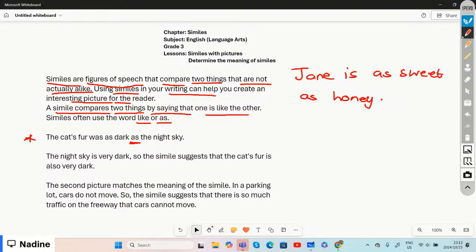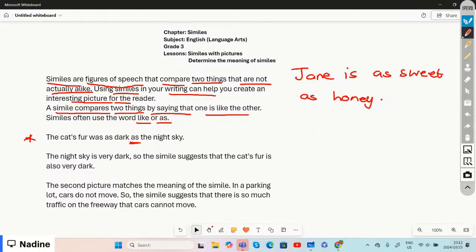Another example: let's say you have somebody that's very tall in class. Let's say Ben. We can maybe say Ben is as... let's choose something different.